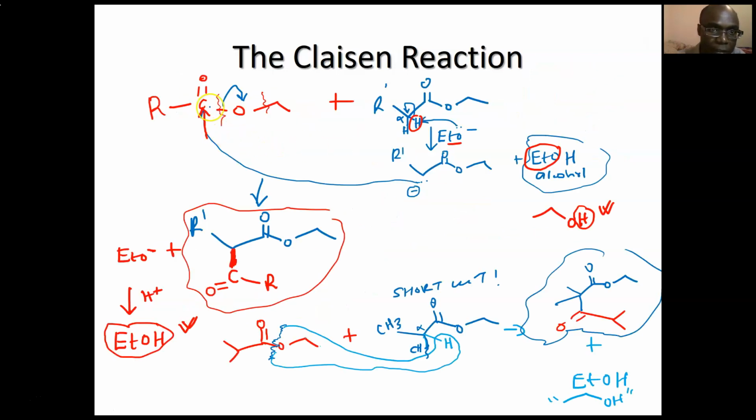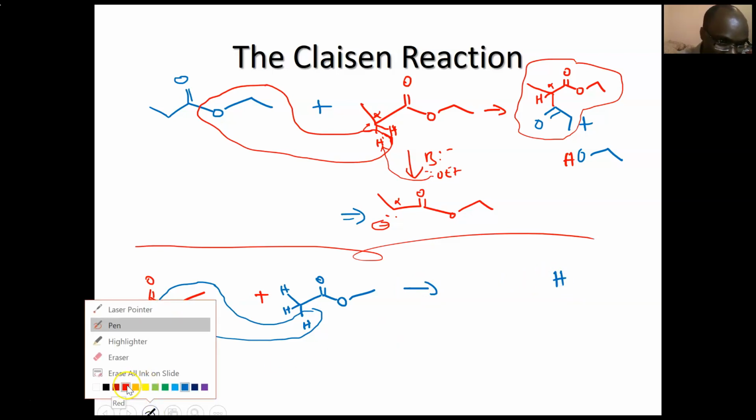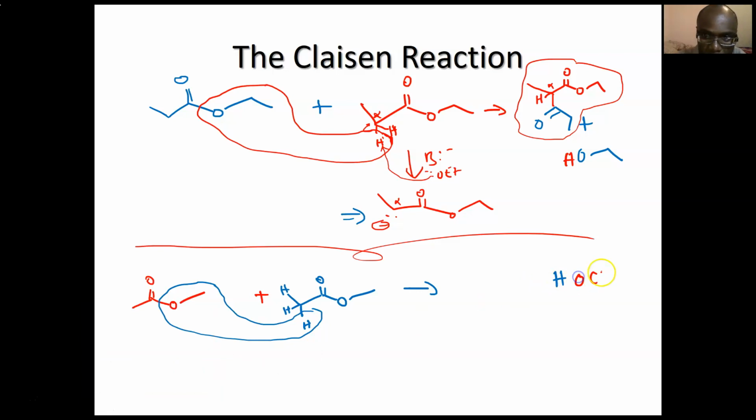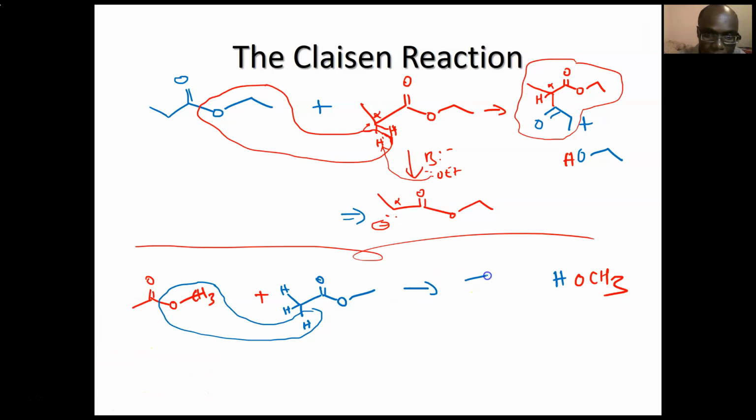Just like we did here, we attacked the carbonyl and this group fell off. So same thing, if we attack the carbonyl here, this will fall off. So I'm gonna circle it. My byproduct should be methanol, or CH3OH. There's a CH3 here, it's just not written. And then I click the rest of the structure.